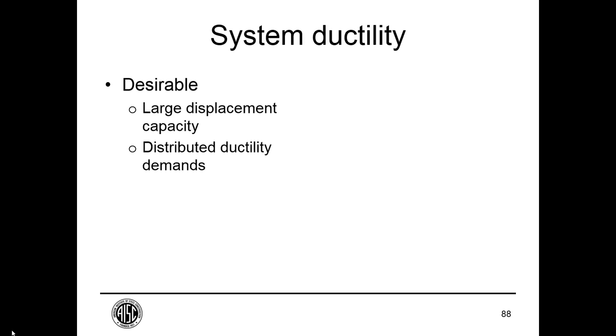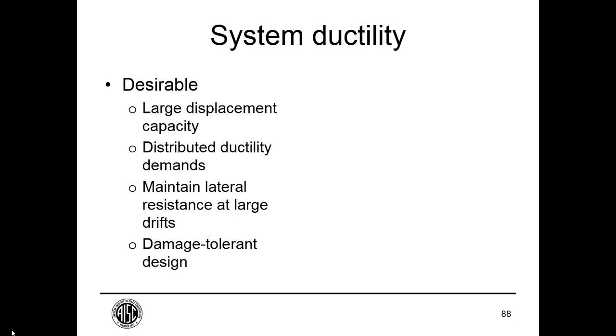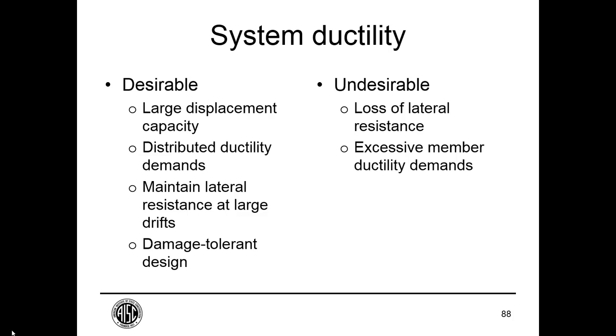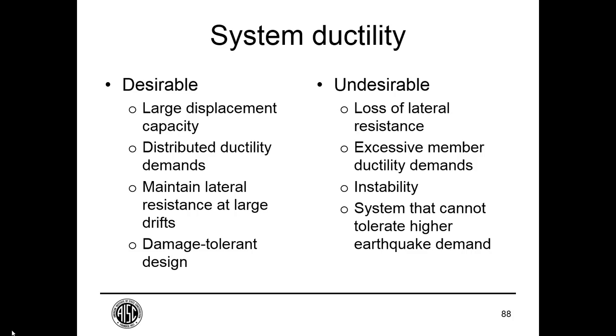If we concentrate our ductility demands, we will be severely limited in our overall drift. We want to maintain our lateral resistance at large drifts, and we want to be able to tolerate damage. So we want to avoid loss of lateral resistance, excessive member ductility demands, and instability. And generally, we want to design where it's just a matter of degree of ductility rather than being right on the edge of failure.